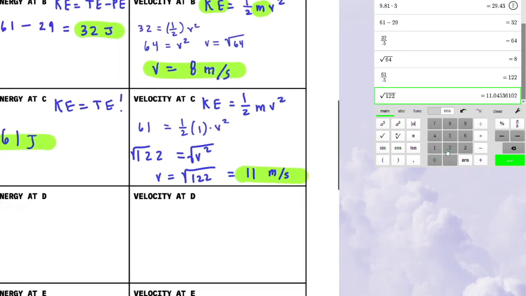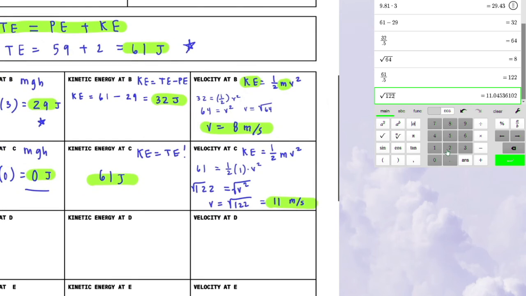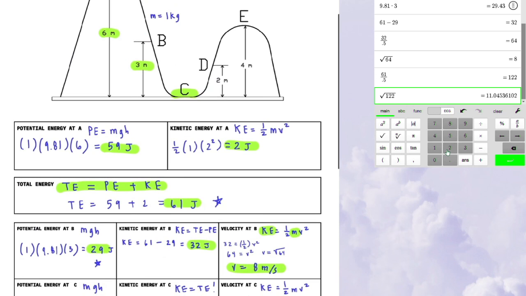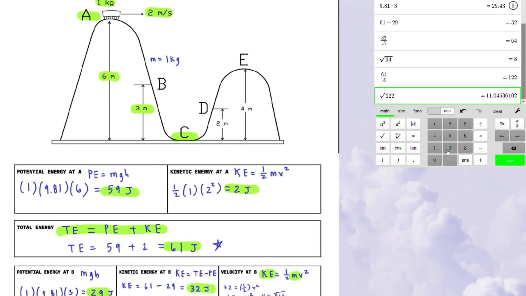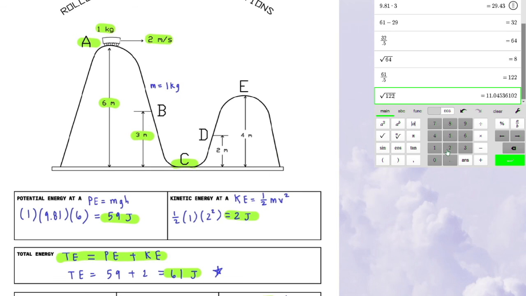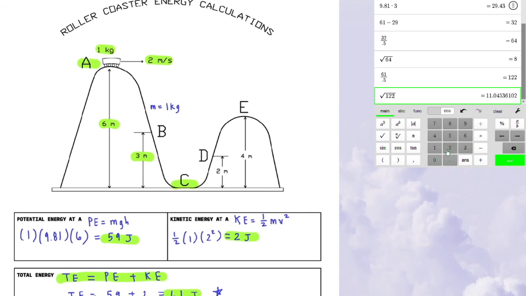So this isn't a perfect way to check your work, but you can at least verify. At point C, that should be when our cart is moving the very fastest. And that's because all of its energy got converted to kinetic energy.